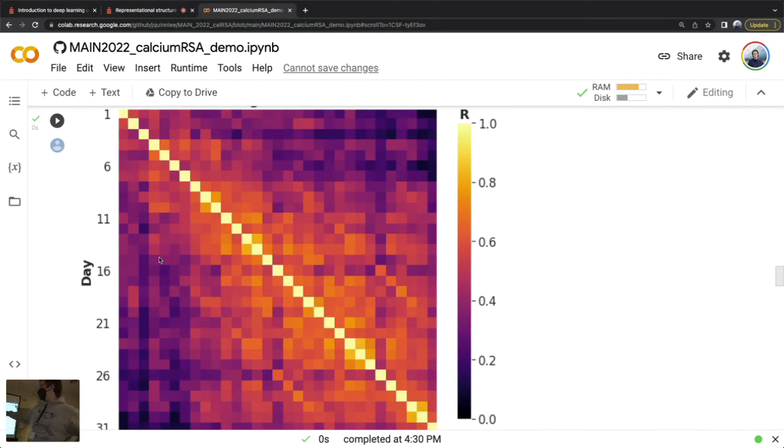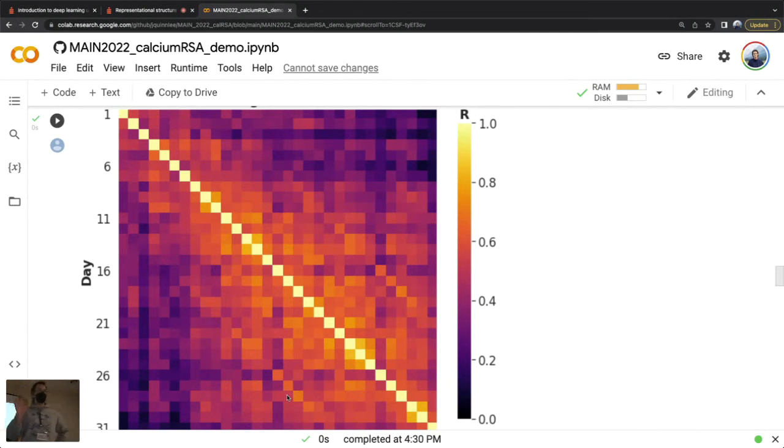You can't see it here very well, but it's right here. There's a band of higher correlations. What is that? Those are the days where the same shape has appeared again. So there's a higher correlation in the firing rates when the same shape is reappearing.